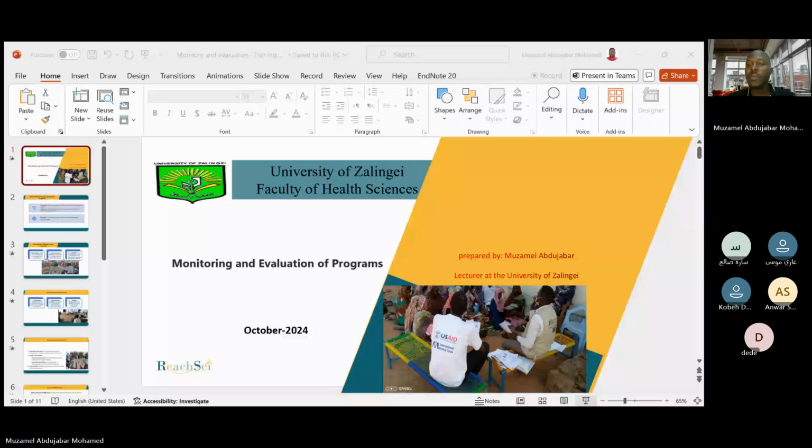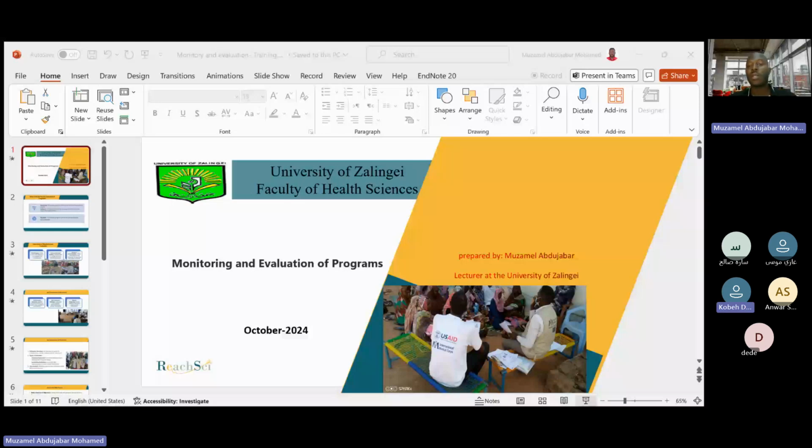Thirdly, enhanced accountability, to show the stakeholders how the resources were used, or what the impact of those resources was.